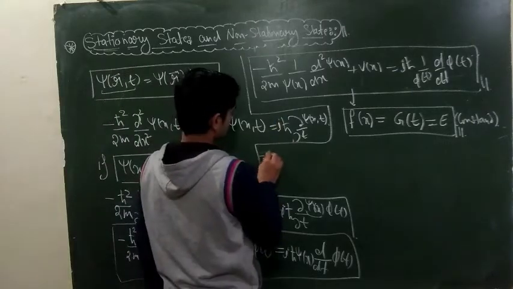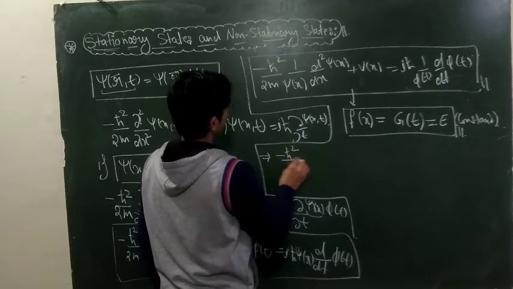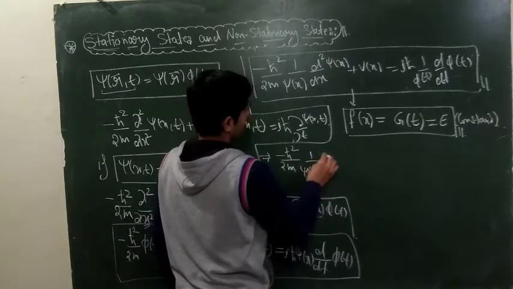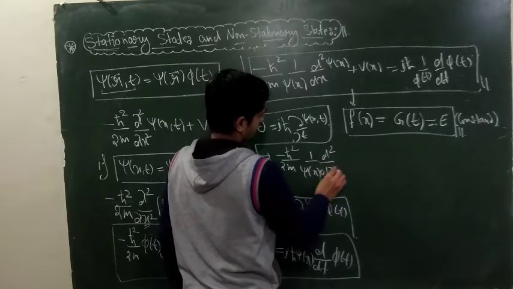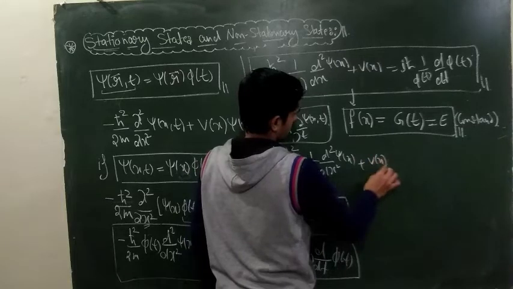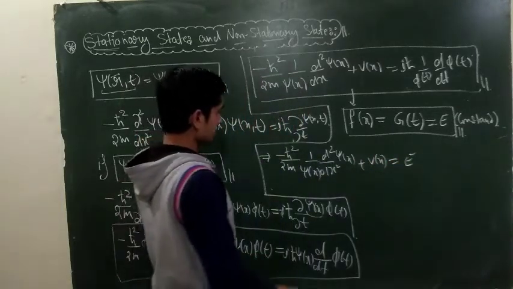So just by doing so, the left hand side will be 1 over psi of x, second derivative of psi of x plus V of x, which will be equal to E, the constant.